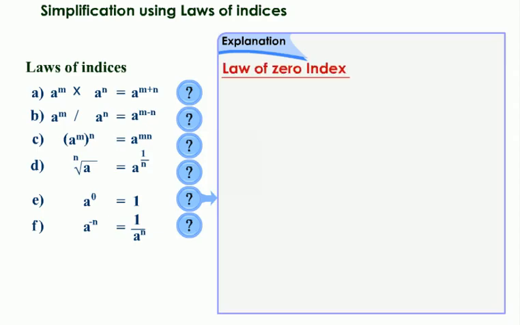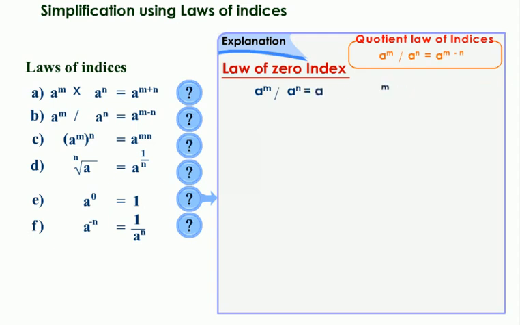Law of zero index. Students, we know from the quotient law of indices that a^m divided by a^n is equal to a^(m-n) if a is not equal to 0.